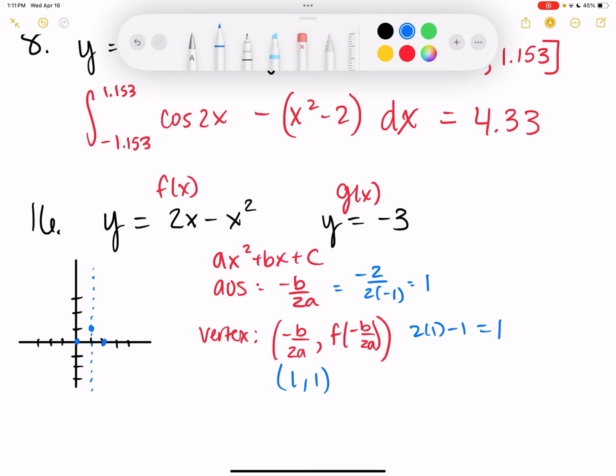Now, I know that my other line is down here at negative 3. I'm going to see what happens if I go to negative 1 on the x and see if it puts me closer.